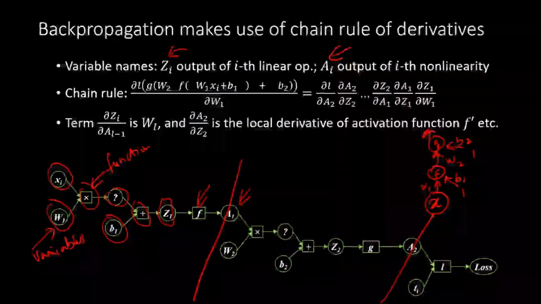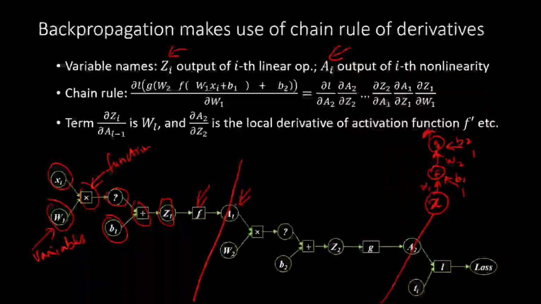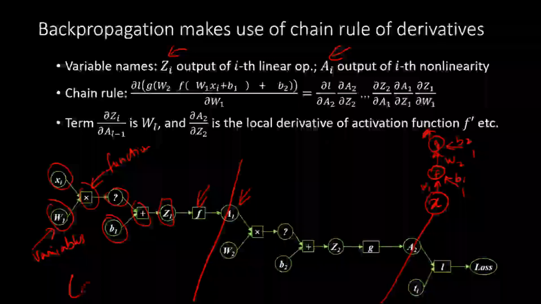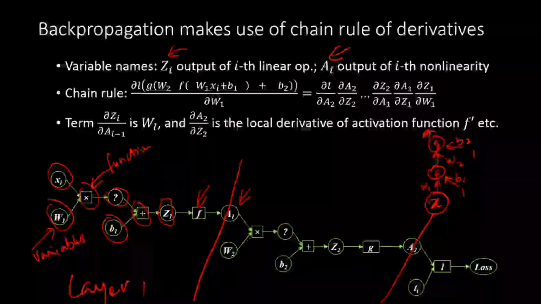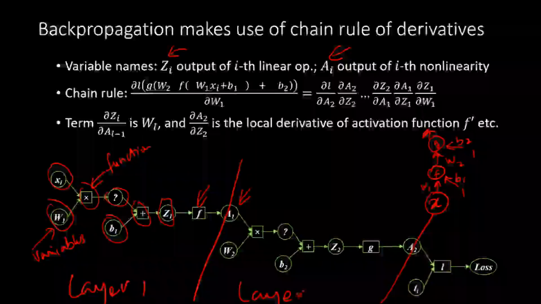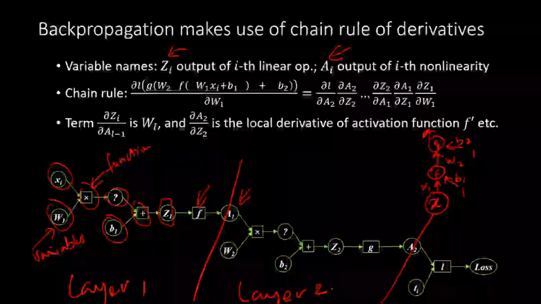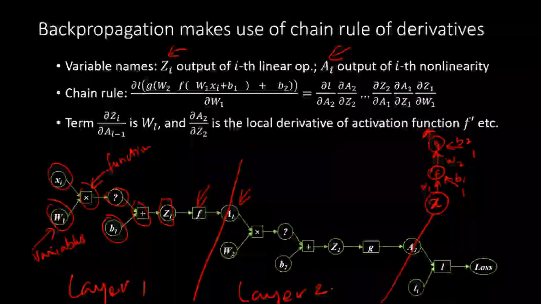Okay, so the output of the first layer is the input to the second layer. So this is layer 1 and this is layer 2. Okay, so the operations to the left of this line are all the operations in layer 1 to produce this output A1, which becomes input to the layer 2.